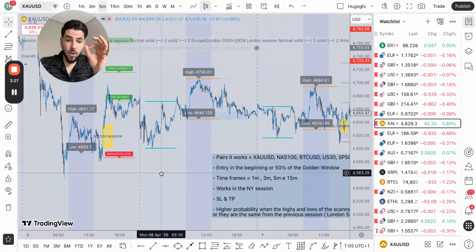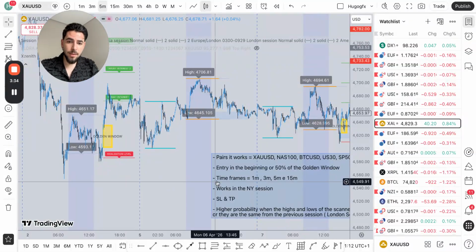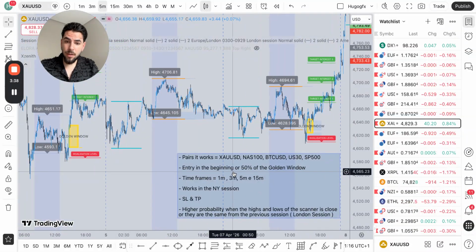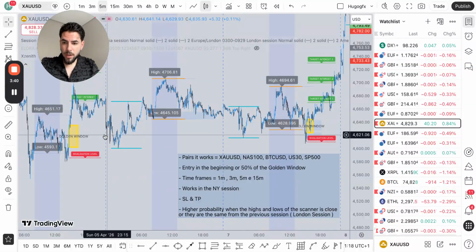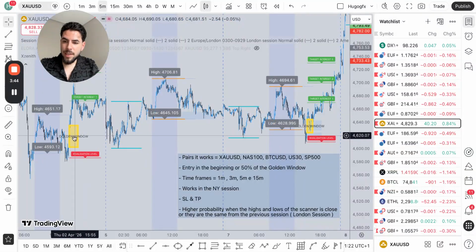To enter and open your trade, you will have two possibilities every time, right? The entry can be at the beginning of the golden window, okay? Because every time you have an entry opportunity, you will see the golden window on your TradingView. It's basically this yellow box here that you can see, right?